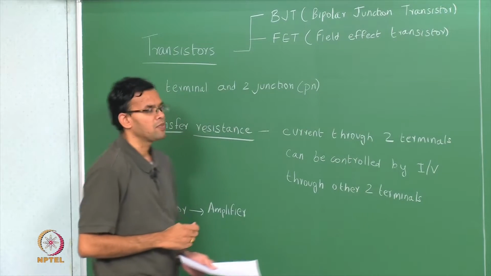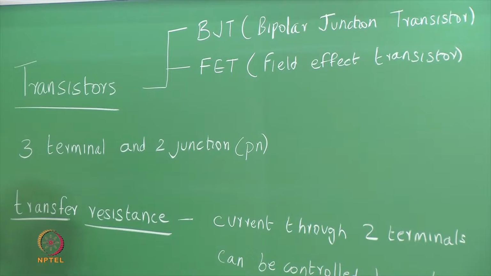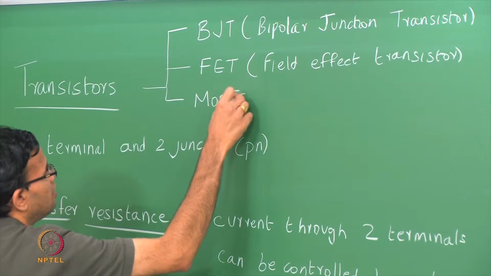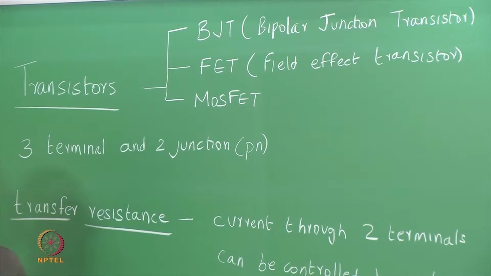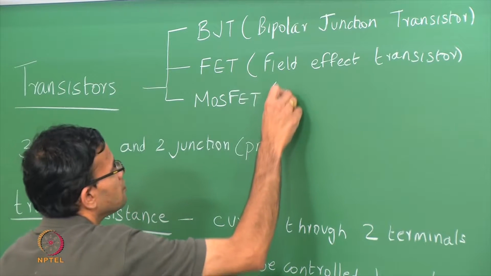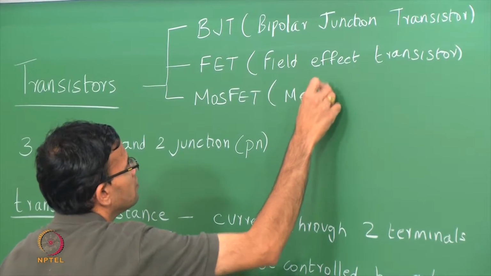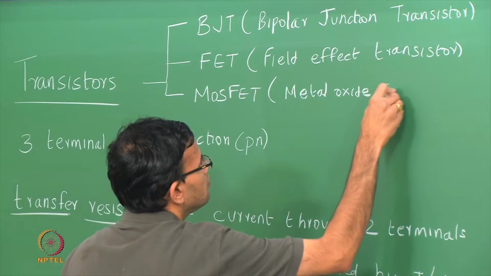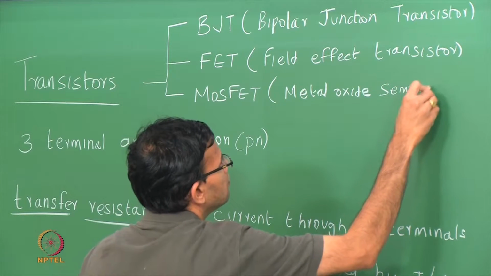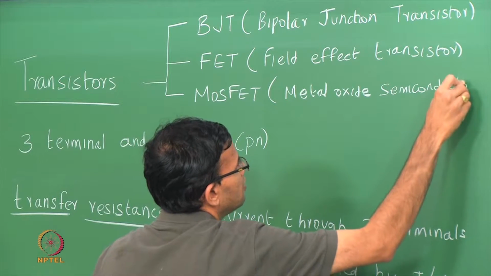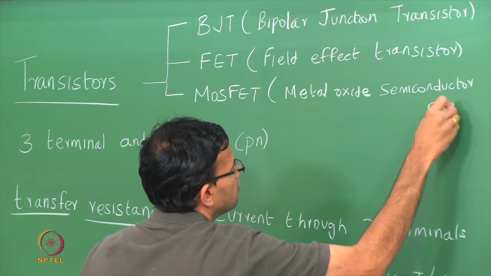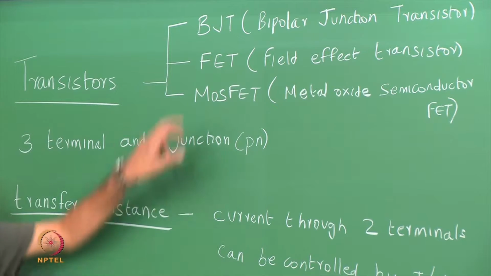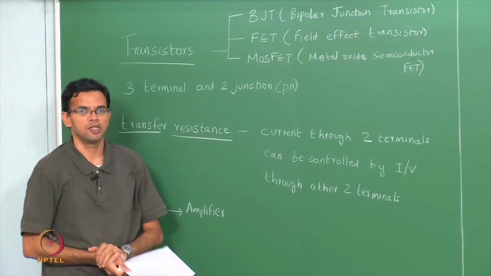And then finally a specific type of field effect transistor called a MOSFET, a metal oxide semiconductor field effect transistor. So, we will start with the BJT, then go on to FET and then MOSFETs.